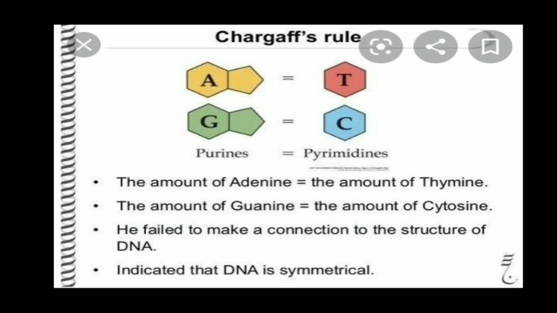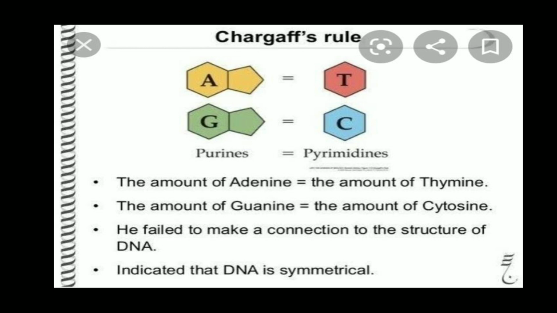Then there is a very important formula which defines the amount of adenine and guanine in the DNA structure. That formula was given by the scientist Chargaff, that's why it is called Chargaff's rule. This rule is also called the equivalence rule, discovered by Chargaff in 1950.